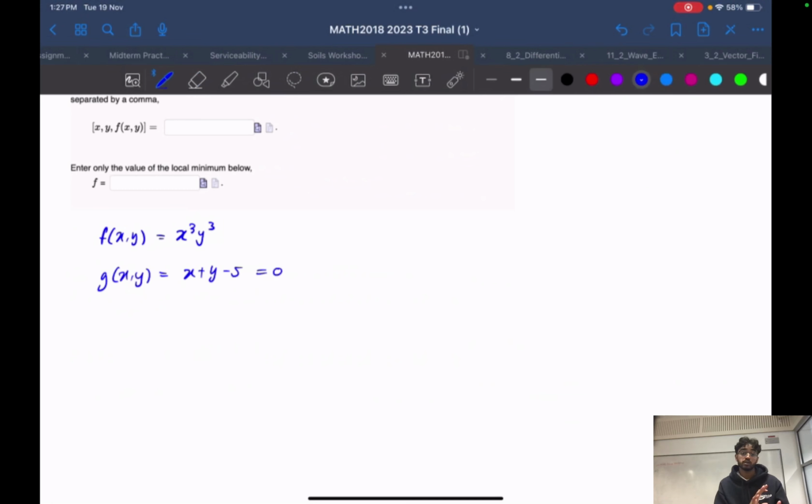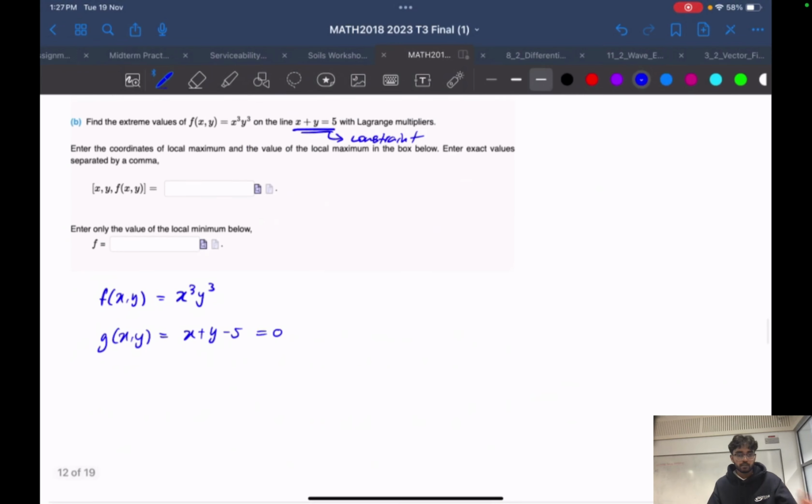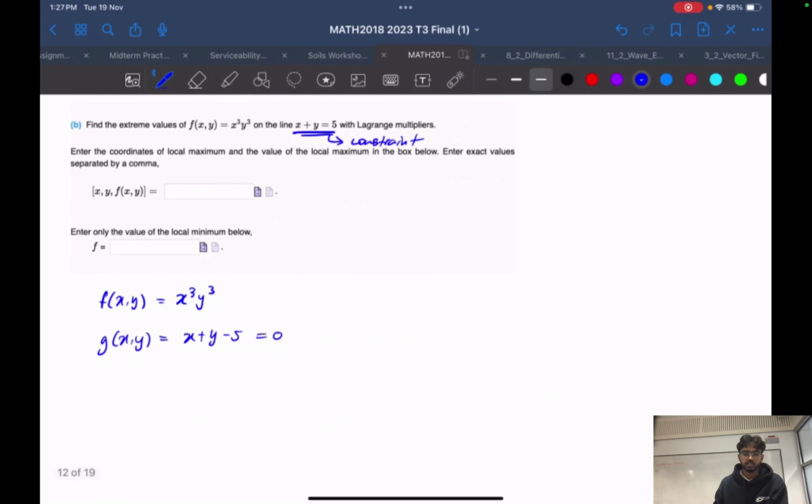Our constraint is always equal to 0, at the points where they intersect, essentially. Enter the coordinates of the local maximum and the local minimum, and separate them by commas.